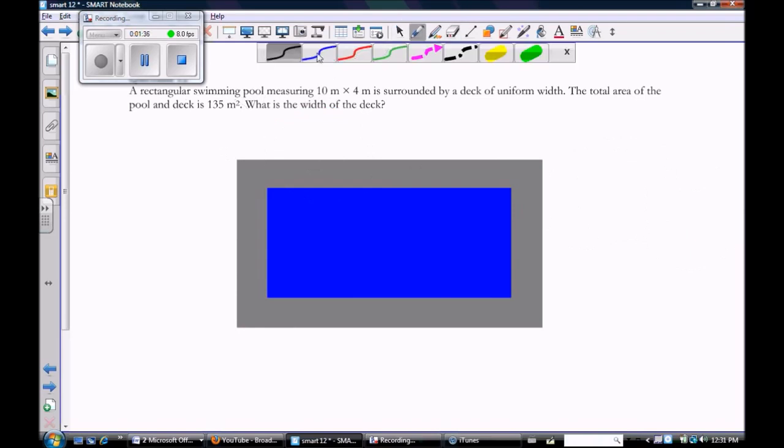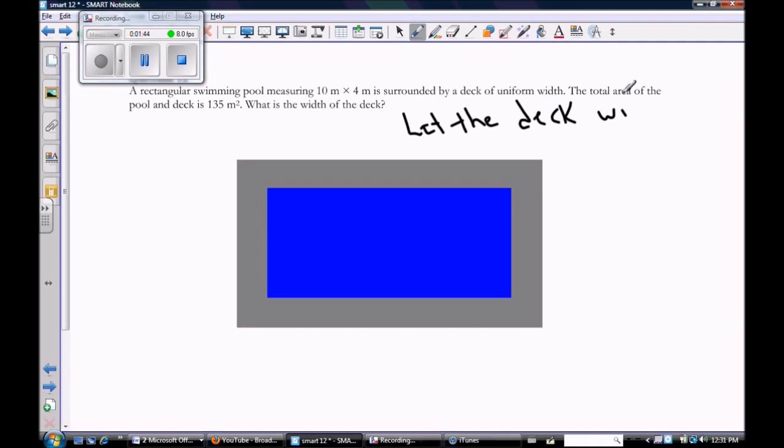So first of all, you should start by saying let the deck width be x.